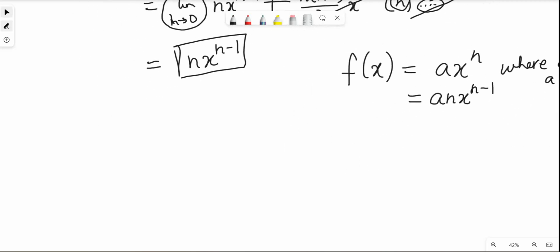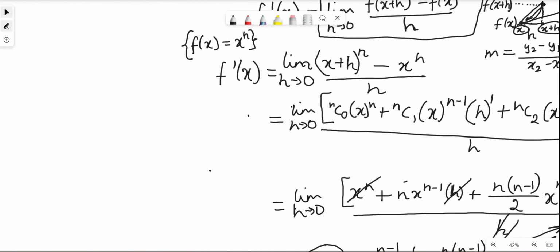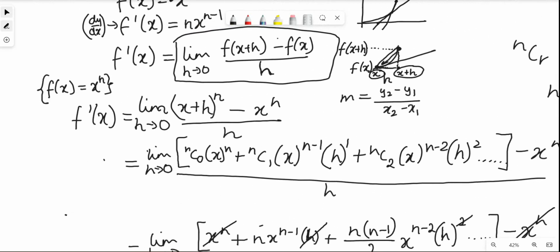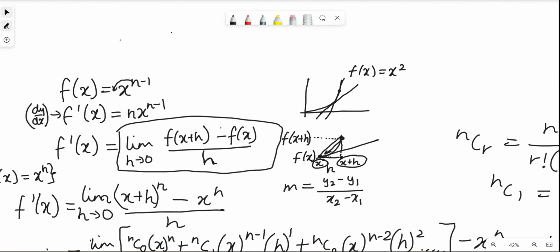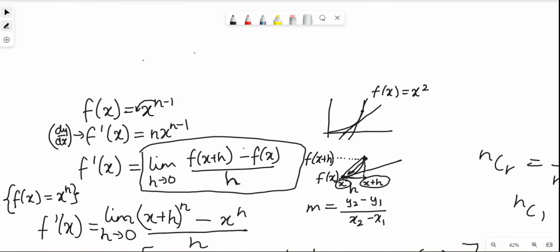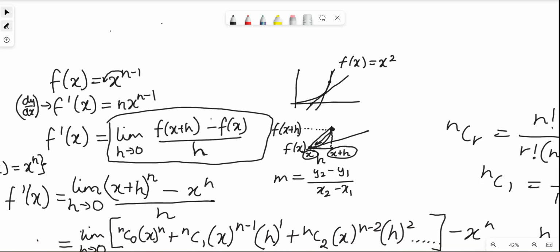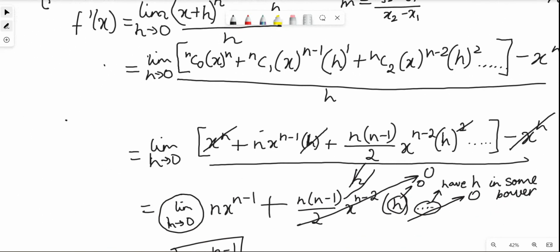And so yeah, it's very interesting how they derive the power rule, especially the definition of the derivative. It's very exciting per se.